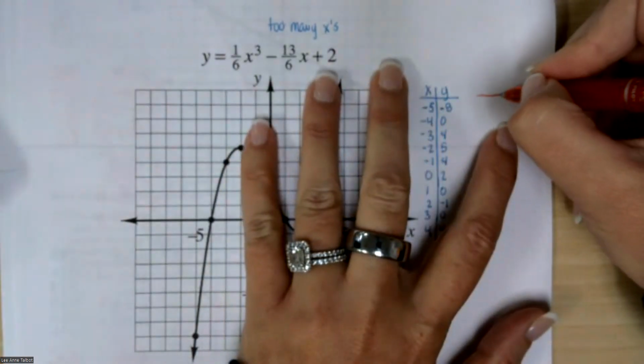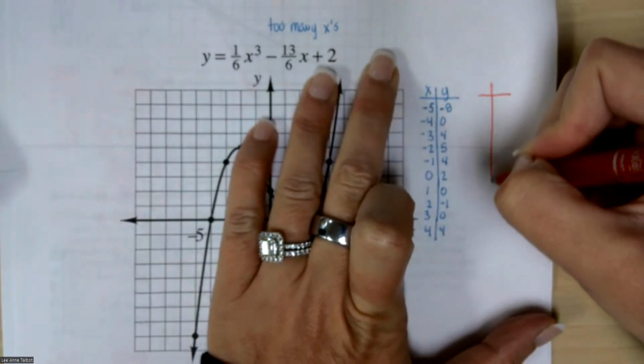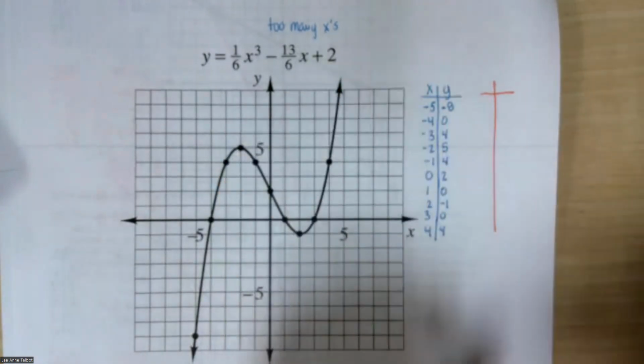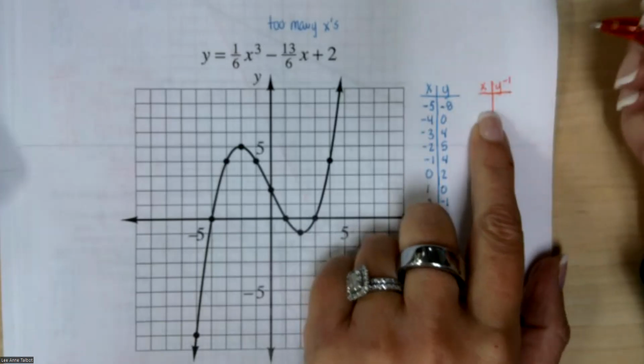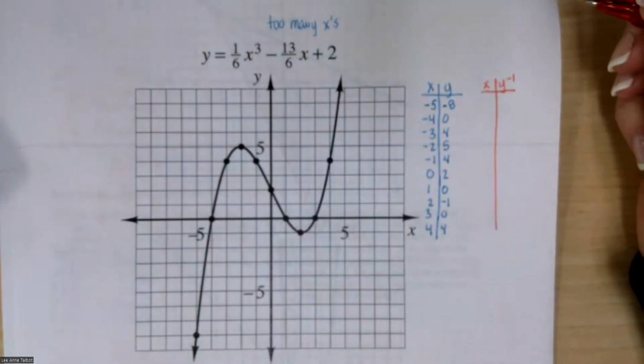Okay, so just take the last 2 minutes, flip the table, sketch the picture, and then you're done. Hopefully it will be symmetric on y equals x still.